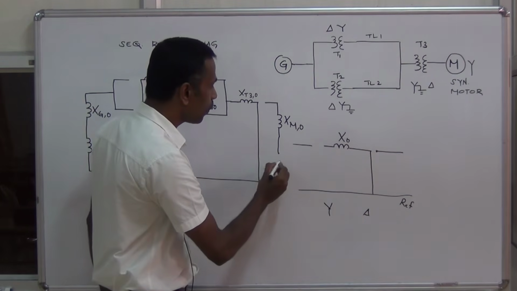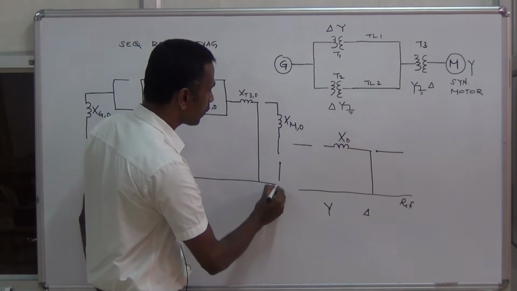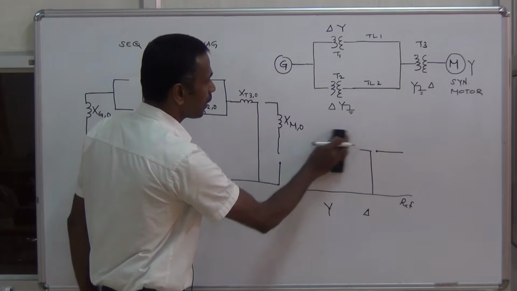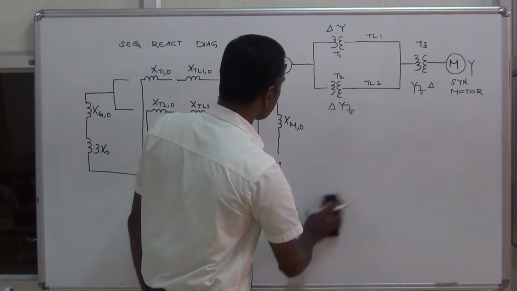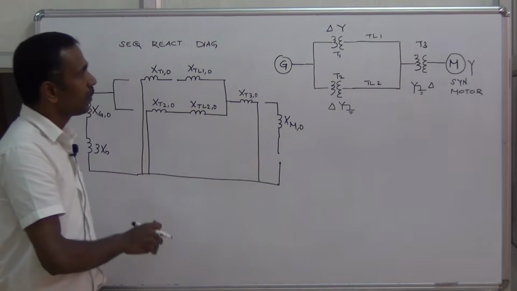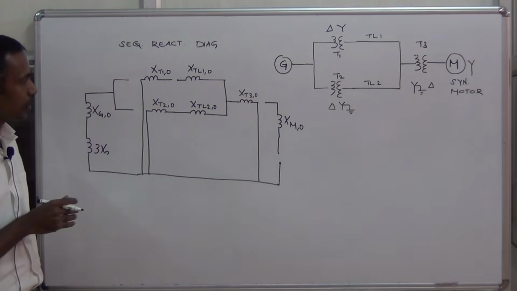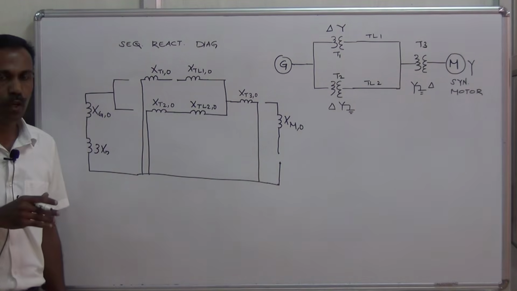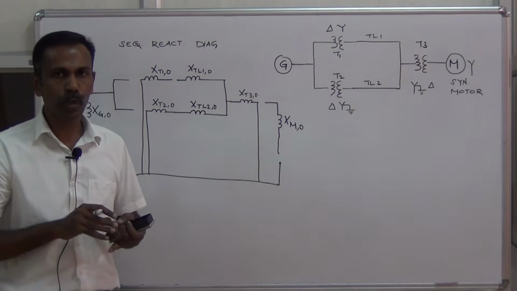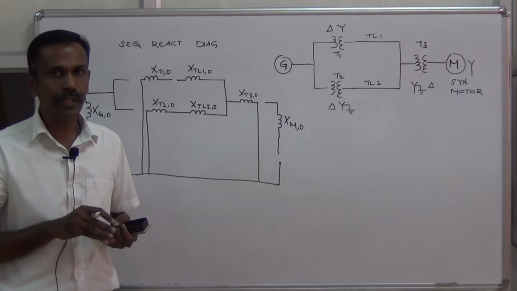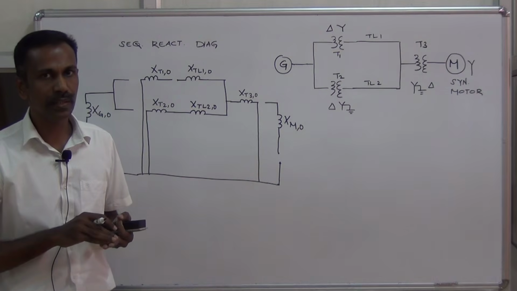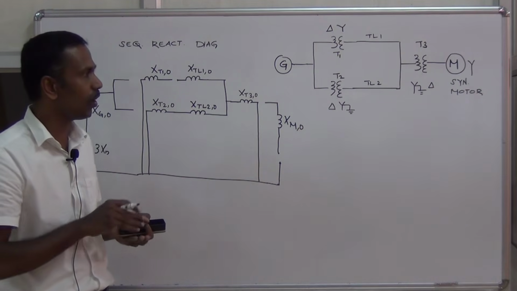As it is not grounded, this should be kept open. So this will be the complete zero sequence diagram of this particular power system. So now we studied how to draw the positive sequence reactance diagram, negative sequence reactance diagram, and zero sequence reactance diagram of a given power system.